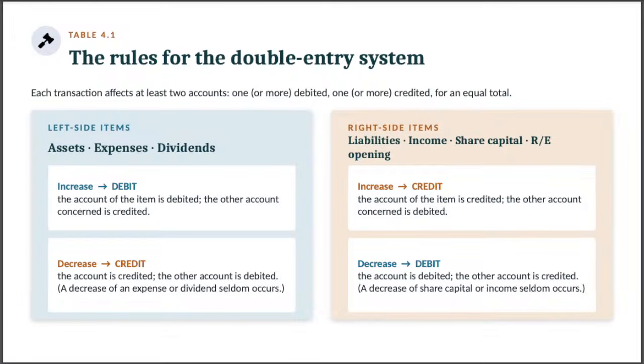All right. Now, on the right side here, we have a decrease on the credit for these accounts. The account is debited, the other account is credited. So a decrease of share capital or income seldom occurs. Income is usually something that continually increases. This is why it's income, not outcome. Because of that, it should never really decrease, so to speak.